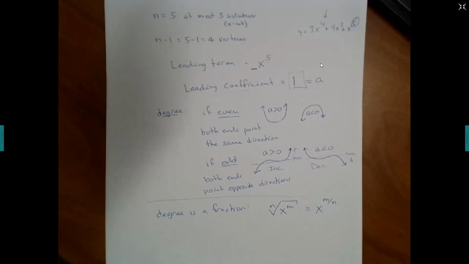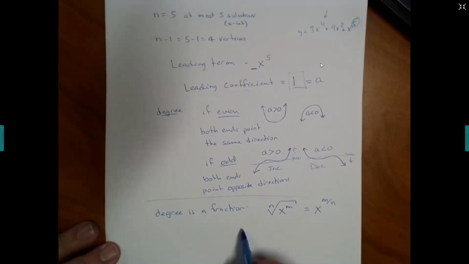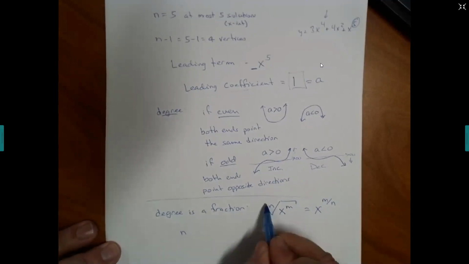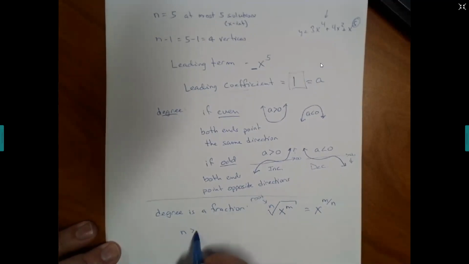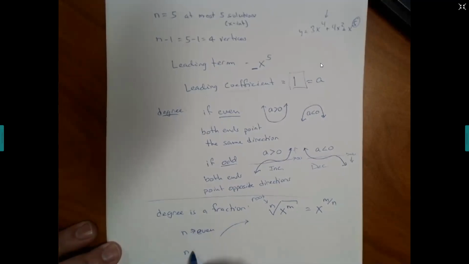And it is possible because if n, the root, this is called a root, if n is even, it only goes to the right. If n is odd, then it goes both directions.